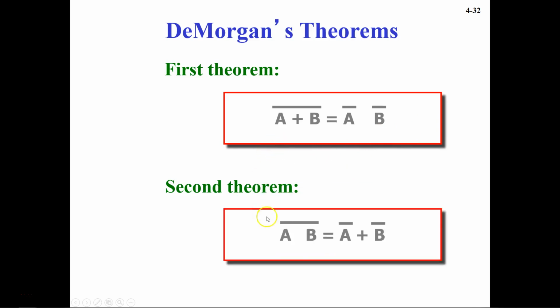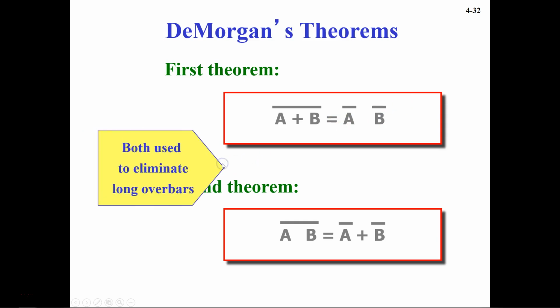And the second theorem says if you have A dot B whole bar, then that will be equivalent to A bar plus B bar. Another way of saying it is that A dot B complement is equal to A complement plus B complement. So this is your second theorem, and the first theorem is when you have A plus B complement, it will be equivalent to A complement dot B complement.